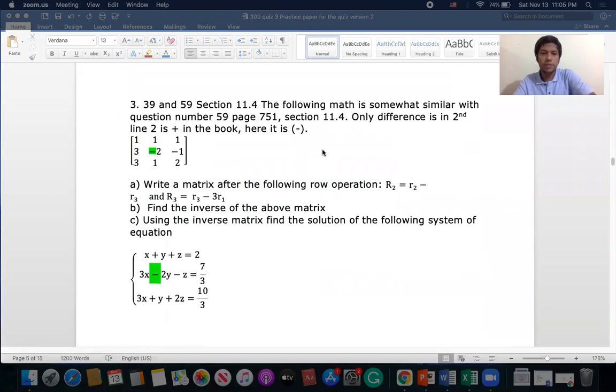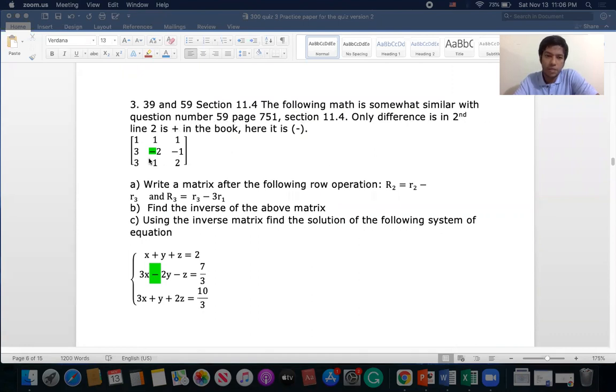Question number three is a little bit different. The following math is somewhat similar to a question in the book, and this is the page number.